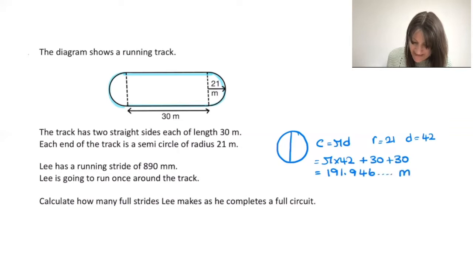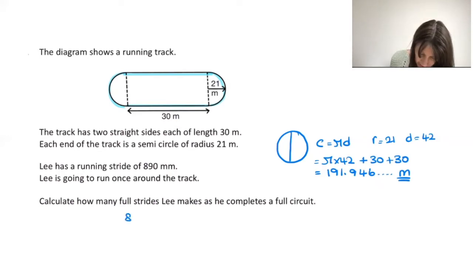Remember, this is in meters. And this is something to be really mindful of whenever you're looking at this type of thing. We've got meters and then we've got millimeters. We've got something completely different going on here. So I've got a choice. I either change my meters to millimeters or my millimeters to meters. Again, it doesn't really matter which way you choose to do it. I'm actually going to change my stride.